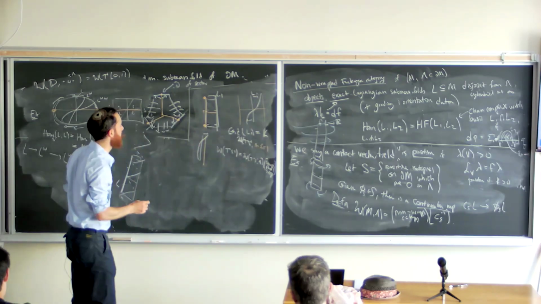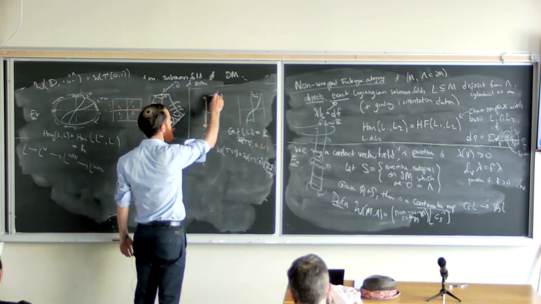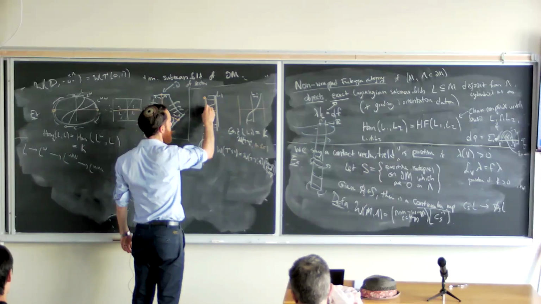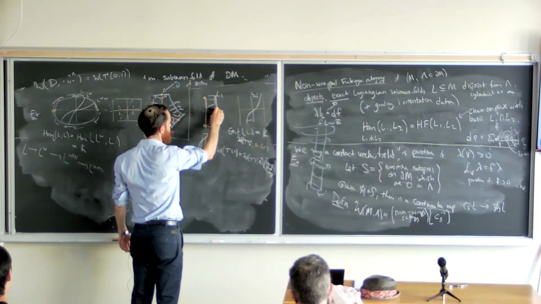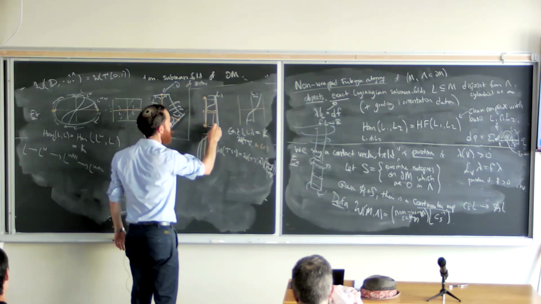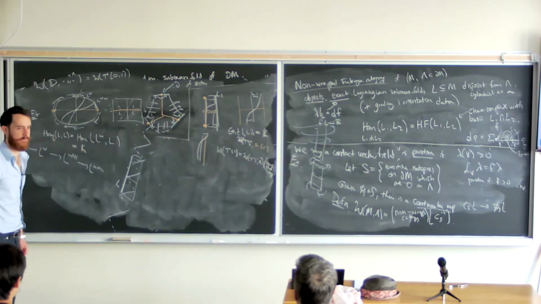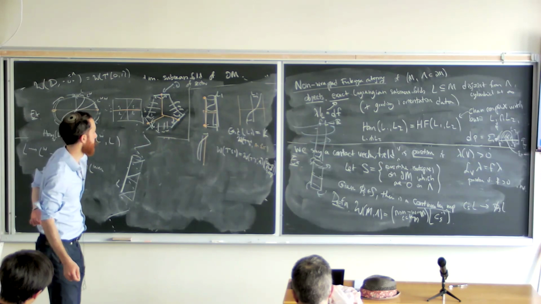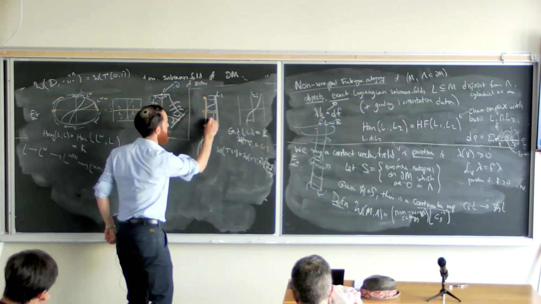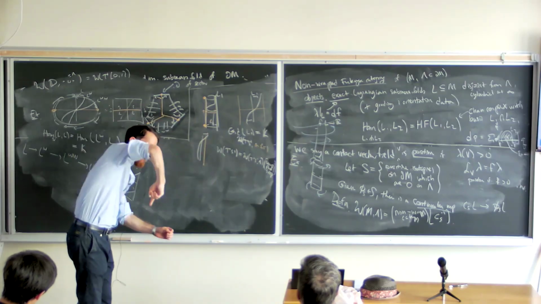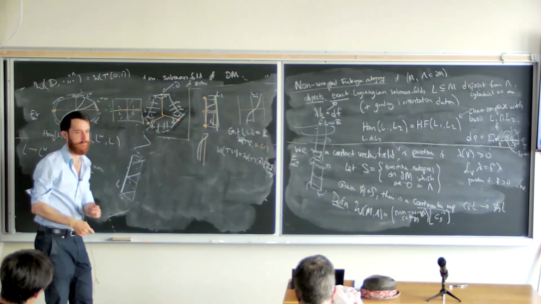There's another Lagrangian L2 that I might want to consider, which sort of goes down, does a full circuit of the circle, and then goes down like this. So this is my Lagrangian L2, very similar to L1, except it winds once around the circle.